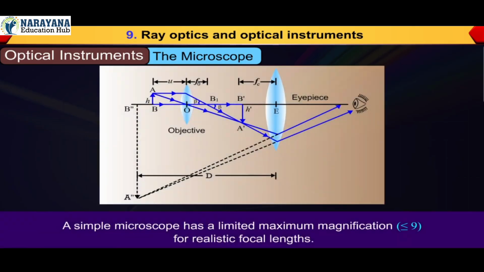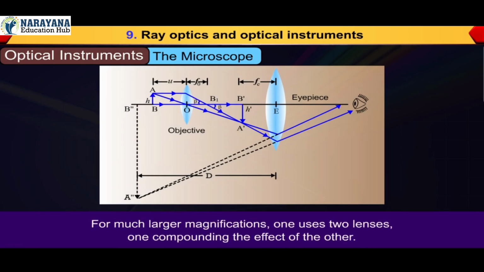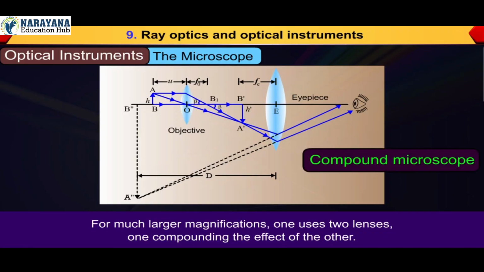A simple microscope has a limited maximum magnification which is less than or equal to 9 for realistic focal lengths. For much larger magnifications, one uses 2 lenses, one compounding the effect of the other. This is known as a compound microscope. A schematic diagram of a compound microscope is shown in the figure.